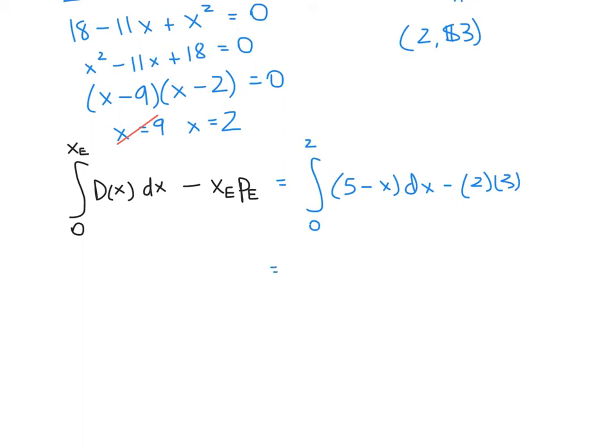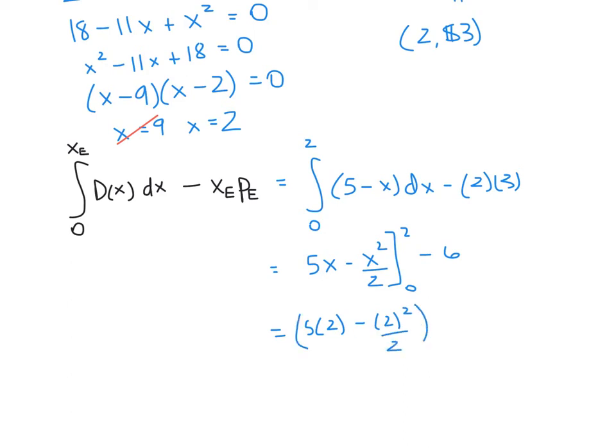So let's integrate 5 minus x. We have 5x minus x squared over 2, and we're integrating from 0 to 2, and then minus 2 times 3, which is 6. So let's plug 2 in. We have 5 times 2 minus 2 squared over 2.